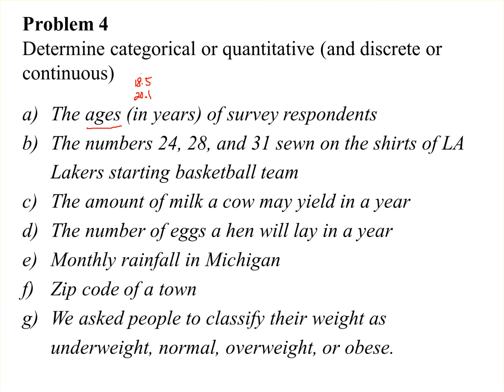So now, just think about this. Is your age growing every second, every minute? It's continuously growing, right? So this is quantitative and it will be continuous. Some people may argue, what about when people just tell me an integer as an answer, like 18, 19, 20, and so on?